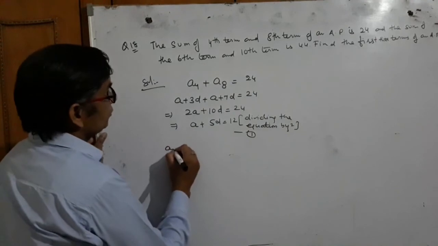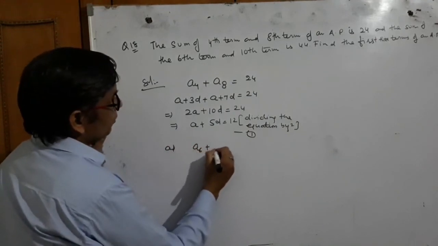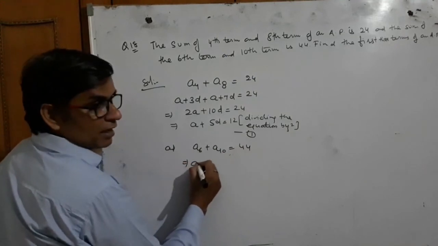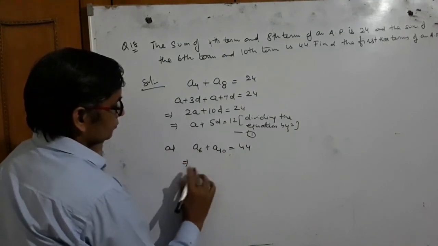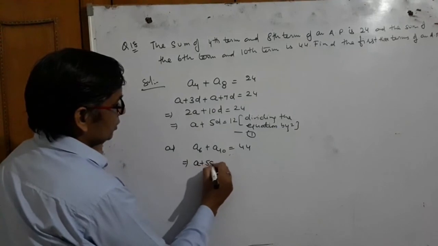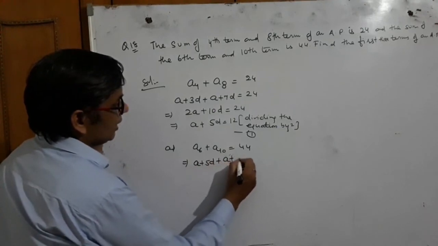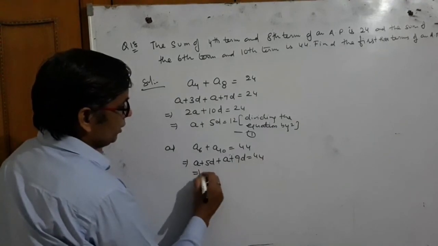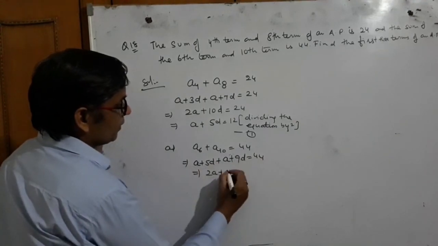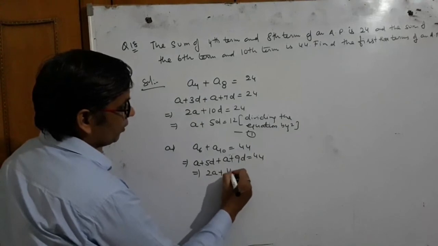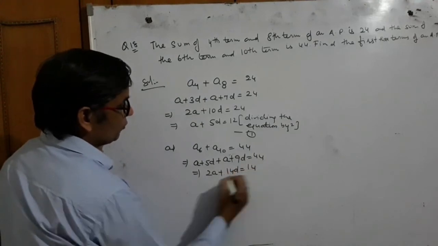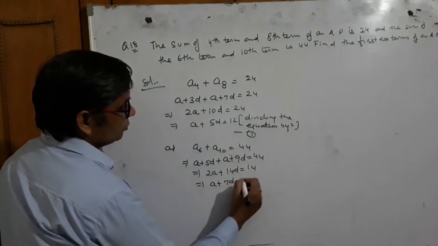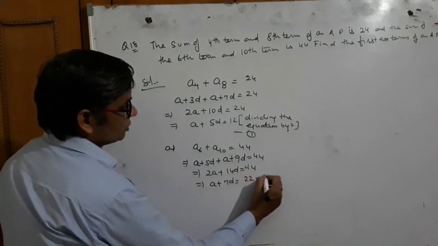Now a6 plus a10 equals to 44. a6 means a plus 5d, a10 means a plus 9d equals to 44. a plus a is 2a, 9d plus 5d, 14d equals to 44. So a plus 7d equals to 22. This is equation 2.